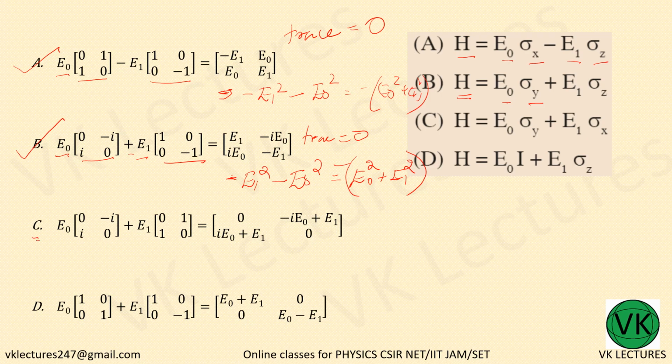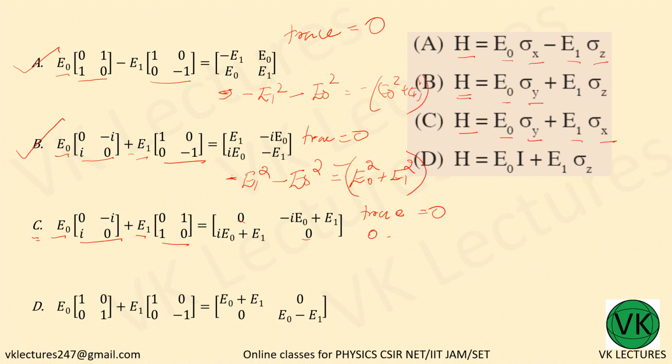Now check option C. H is equal to E0 times sigma y plus E1 times sigma x. So 0, minus I E0 plus E1, and I E0 plus E1, 0. Here the trace is the sum of the diagonal elements, which is equal to 0.